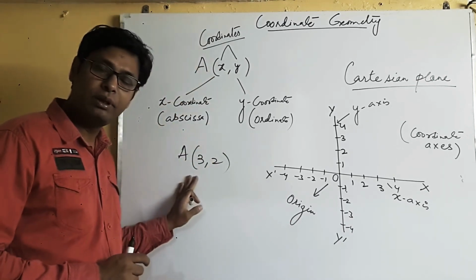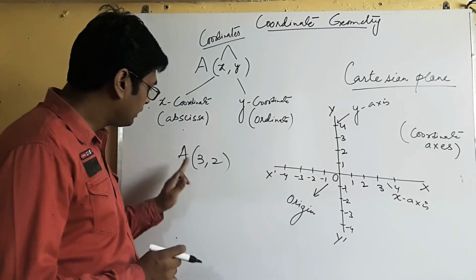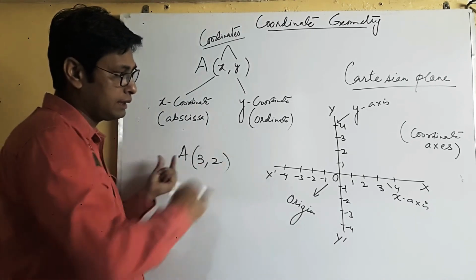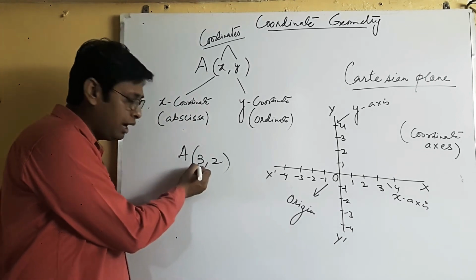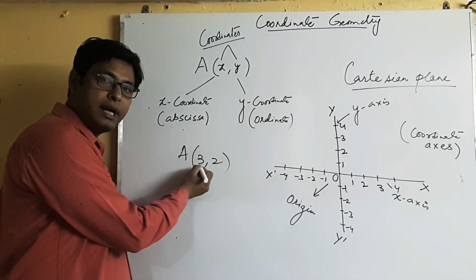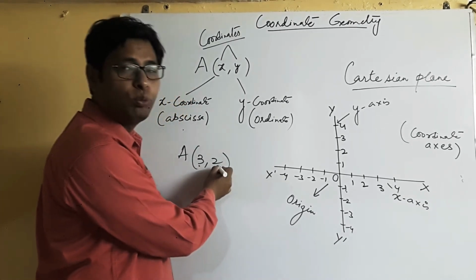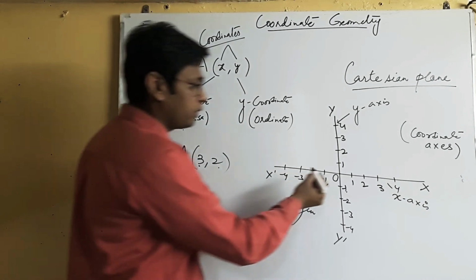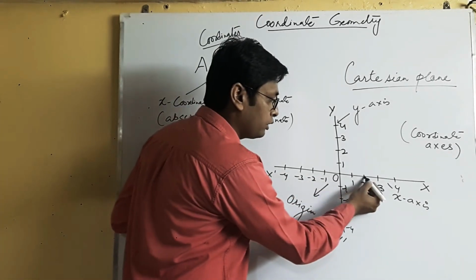Now for example, I want to locate 3 comma 2. I want to locate this point A on this Cartesian plane. So first of all, I will come on x-axis 3 points, and then I will go 2 points on y-axis. It's 1, 2, 3.